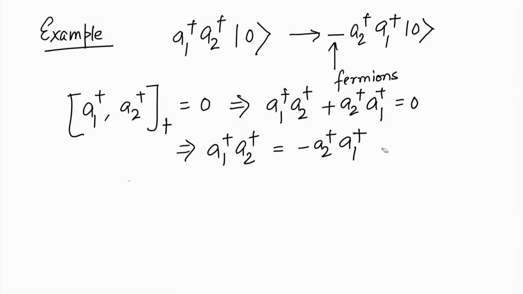So, this minus sign that you are getting is actually taking care of the swapping of particles or transposition of the coordinates of the particles, and hence we should pick up a minus sign.